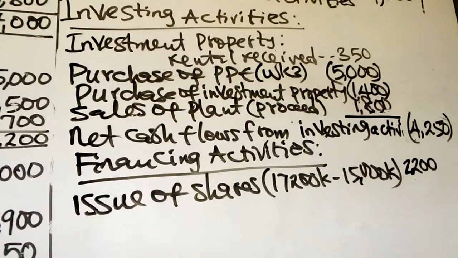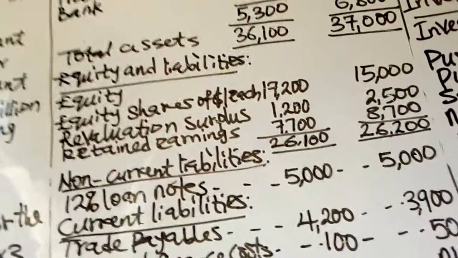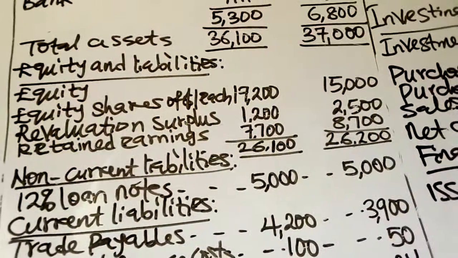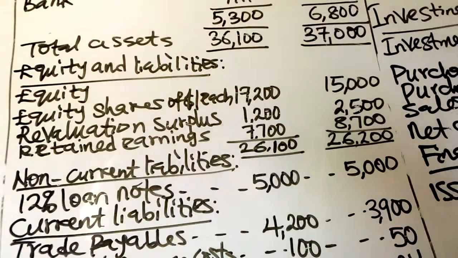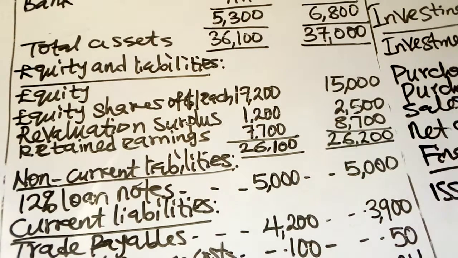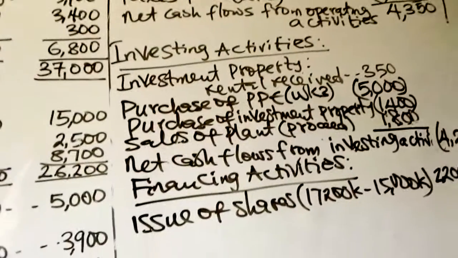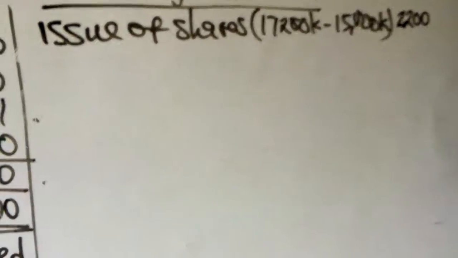Aside from the issue of shares, we are still on equity. Revaluation surplus has been considered under the PPE. Then we have retained earnings. You will need to check the movement in retained earnings. The closing is 7,700 while the opening is 8,700. So you check the movement in retained earnings in order to know if any amount has been paid as dividend.